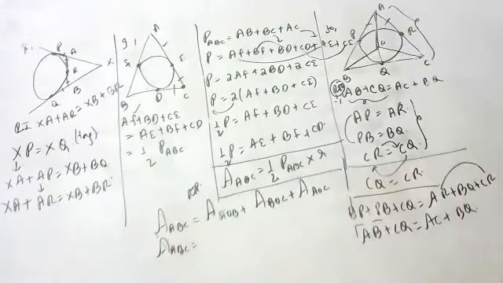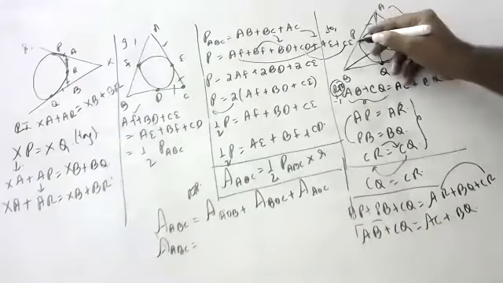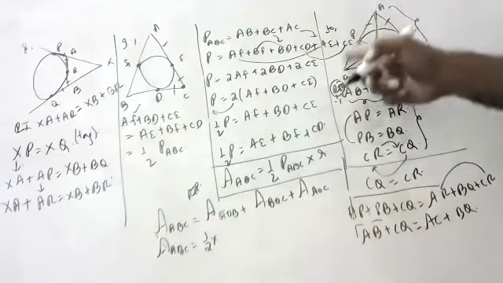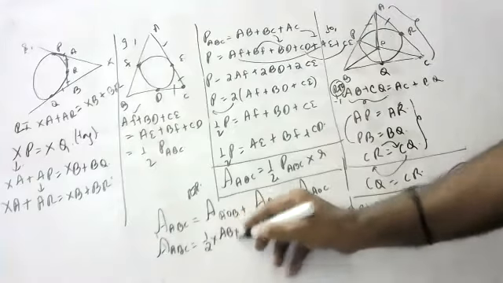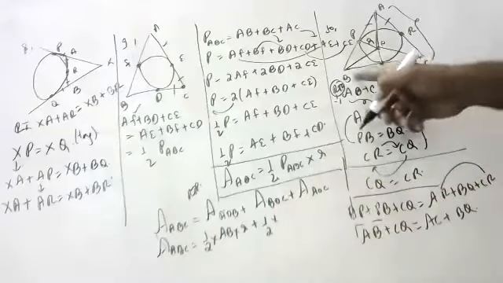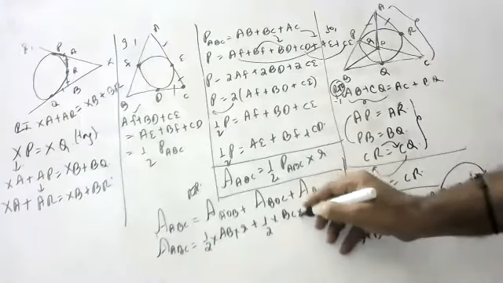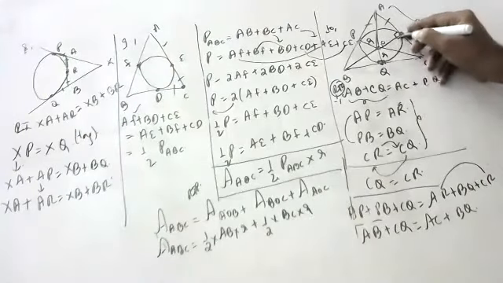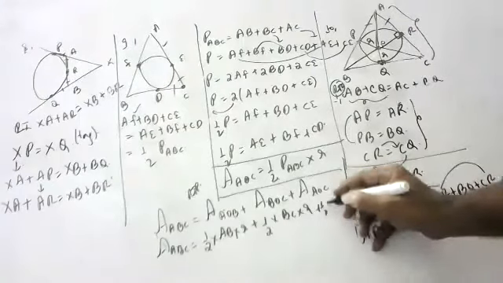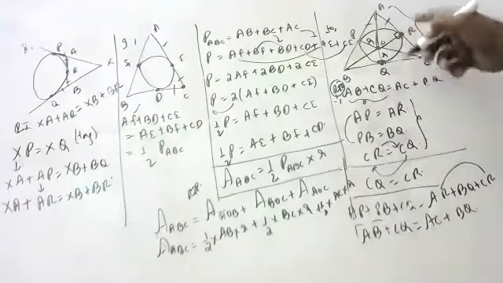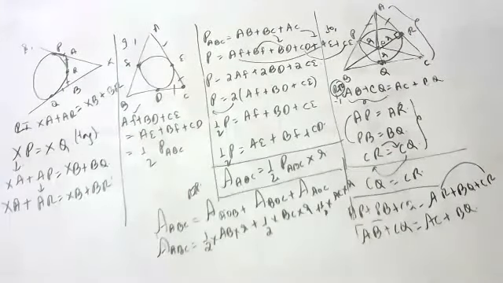Area of ABC equals area of AOB, which is half into base AB into height OP, plus area of BOC, half into BC into OQ, which is R, plus area of AOC, half into AC into OR. R is the radius. Half into base into height.